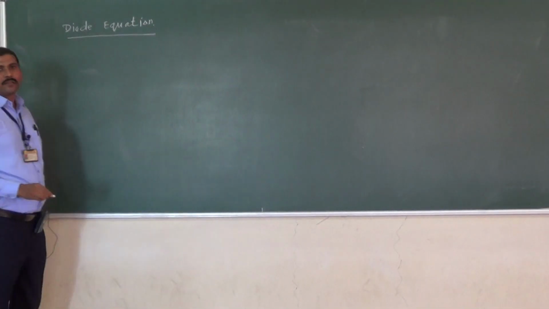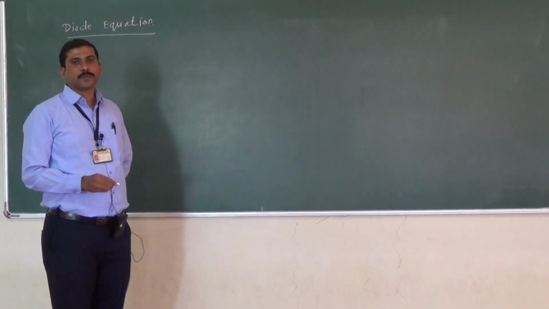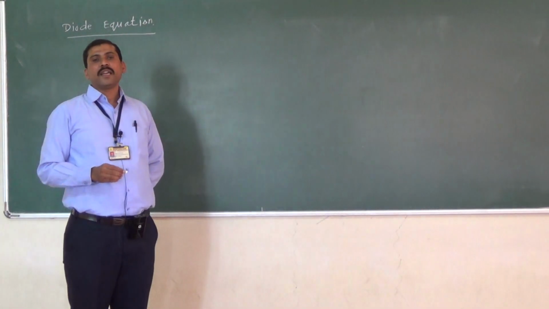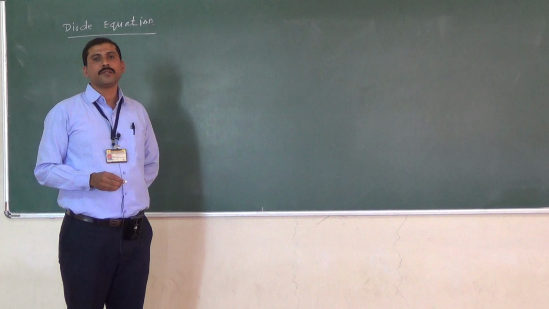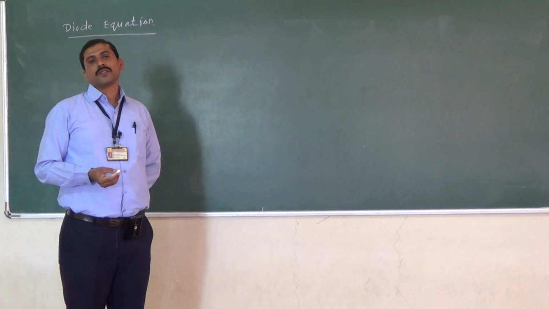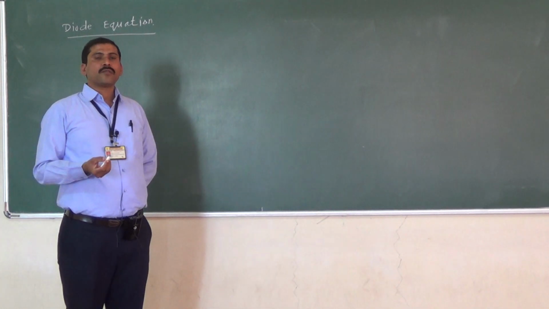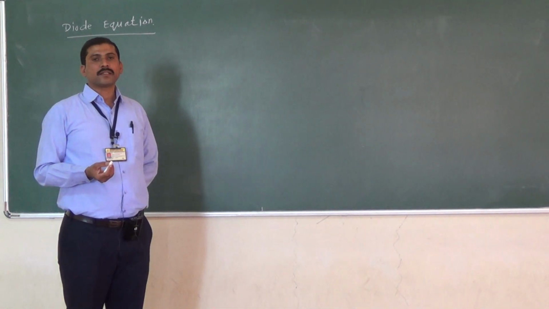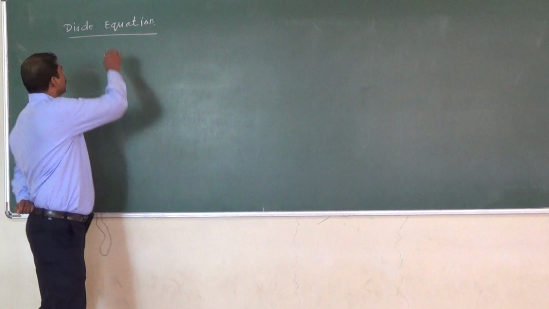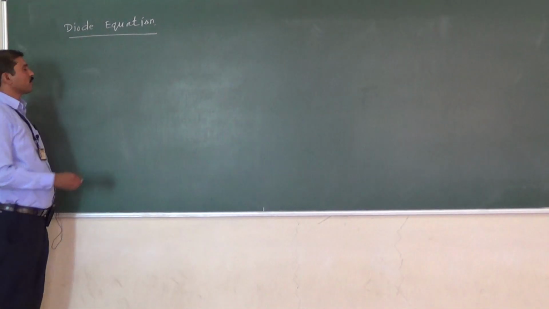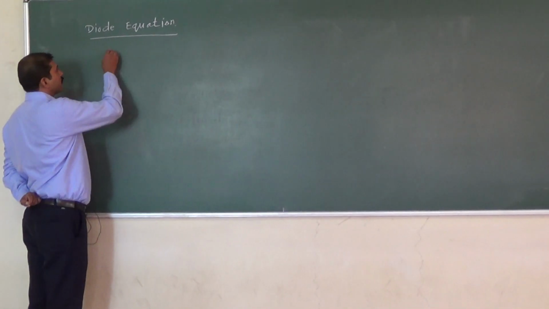Now we have seen that we can experimentally determine the VI characteristics of a diode, but every time it is not necessary to do an experiment. We can obtain the VI characteristics by using an equation called the diode equation. This equation is also known as Shockley's equation.